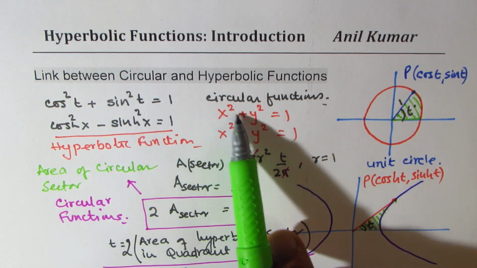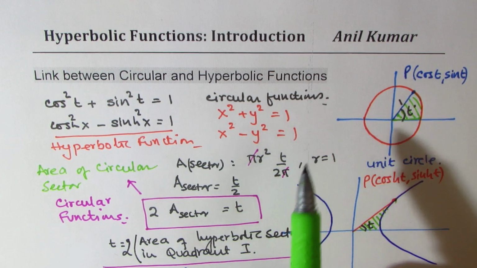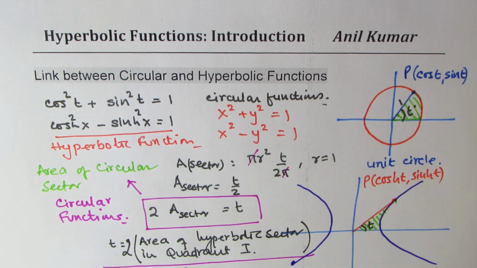So circle x square plus y square equals 1, hyperbola x square minus y square equals 1 gives that kind of correlation. And also when we are working with identities, we saw so many similarities. So working with hyperbolic functions is quite similar to what we did with trigonometric functions. However, you should understand these are not trigonometric functions. They are representing exponential functions, right? So I hope that point is absolutely clear.